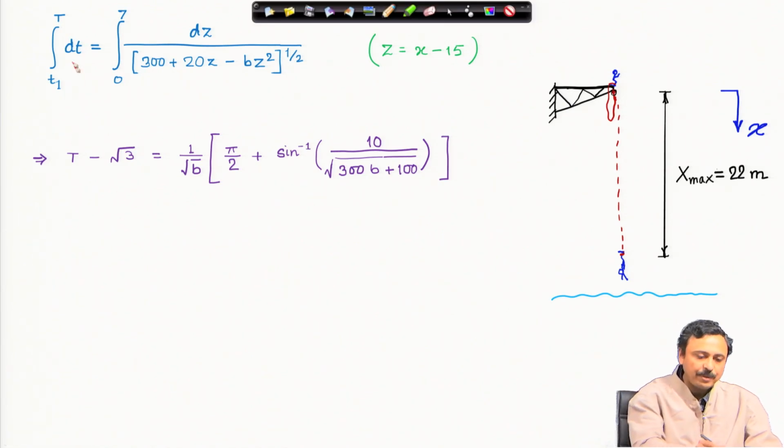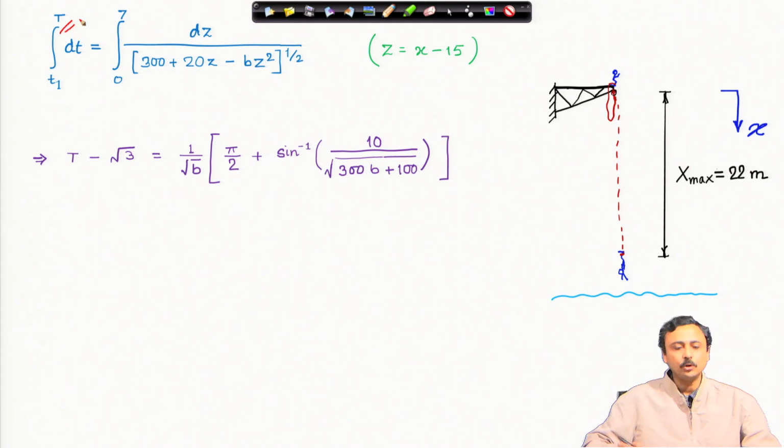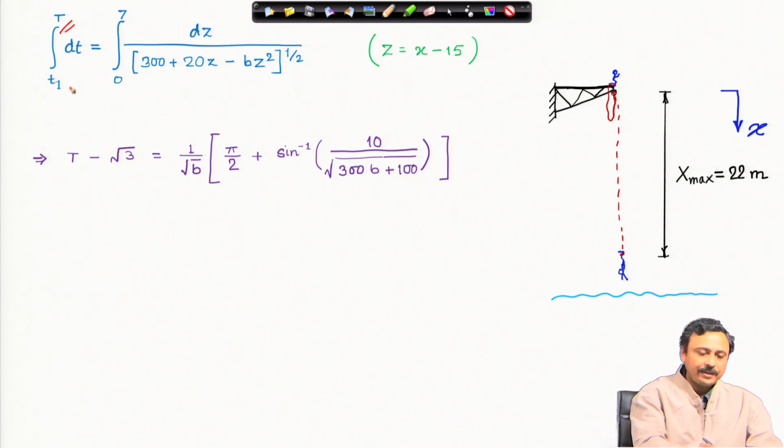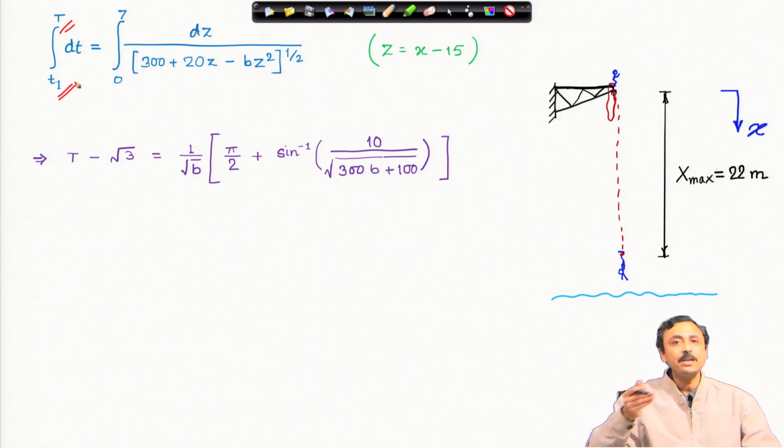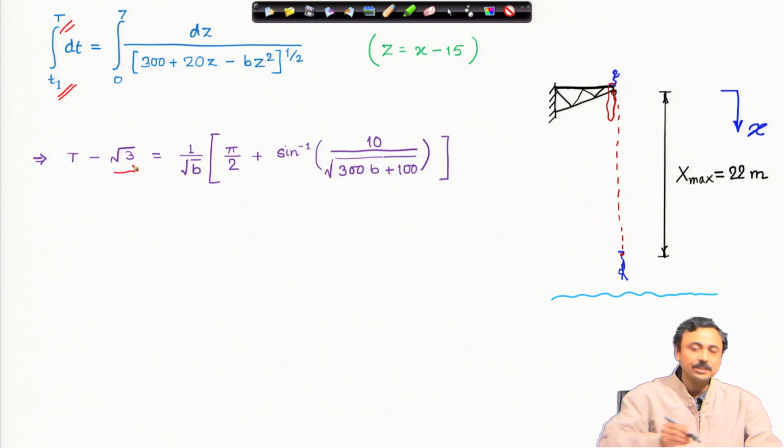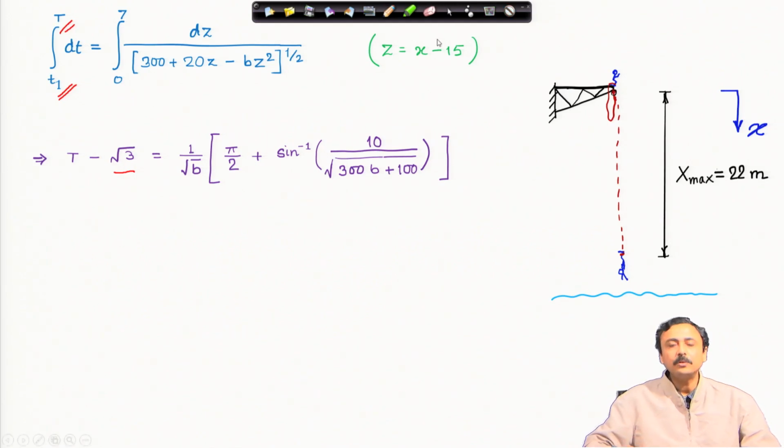Now, here this capital T is the total time of travel, and this is for the restraint phase. So, this starts after the time of the free fall has elapsed. So, root 3 was the time of free fall. So, T minus root 3 is equal to whatever is there on the right hand side, and there is a fall of z of 7.